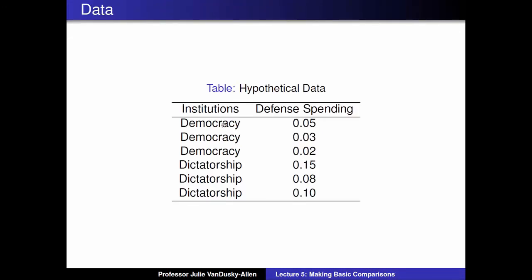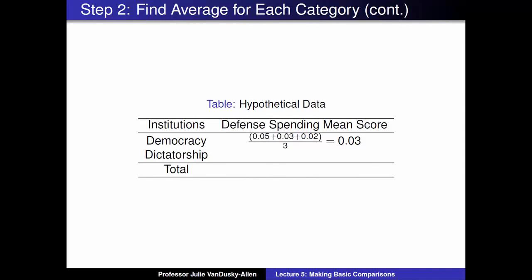So for the democracy category, the calculation would be 0.05 plus 0.03 plus 0.02, and that value divided by 3 for 3 observations. Hence, the average defense spending as a proportion of GDP for democracies is 0.03.